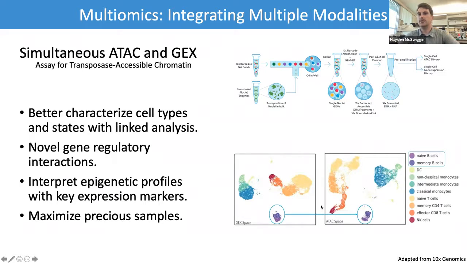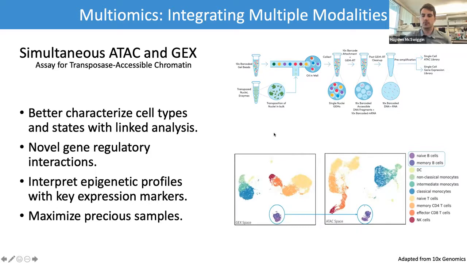And because all these cells are linked, you can use this ATAC space to separate these cells in your gene expression space. So it's a tool to help you identify which cell types are in your RNA-seq data.